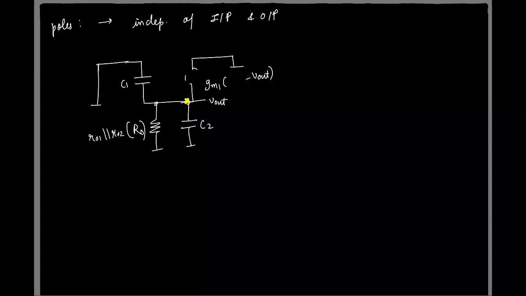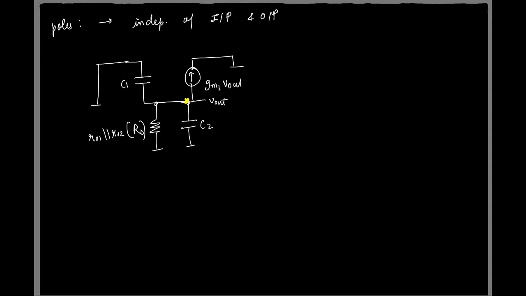So I can redraw the circuit as GM Vout flowing up, right? So let me quickly do that. This is GM1 times Vout. Okay. So now you see you have only one node here. And what is the capacitance at that node? Total capacitance? C1 plus C2, right? And what is the total resistance you have?